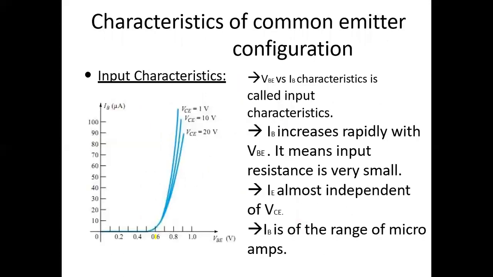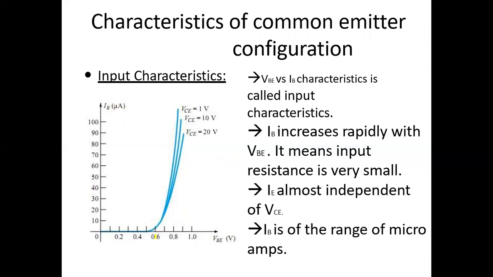And the characteristics of common emitter connection. For common emitter connection, the input circuit is the base emitter circuit. Here the curve is discussed between base emitter voltage versus IB, and it is called input characteristics, and IB increases rapidly with VBE.